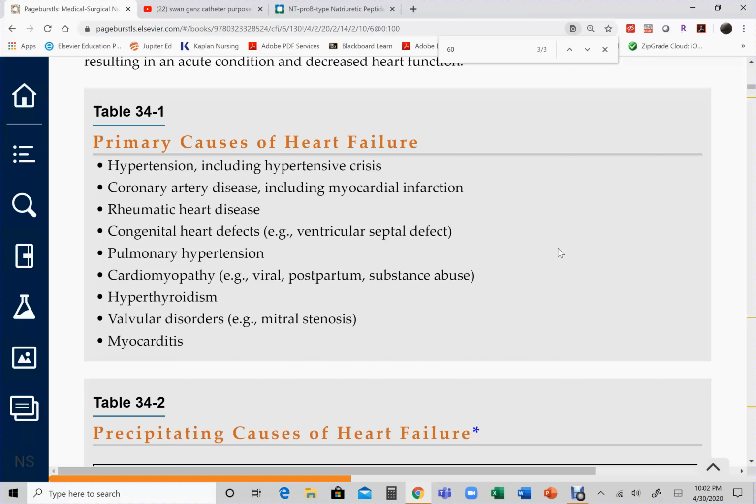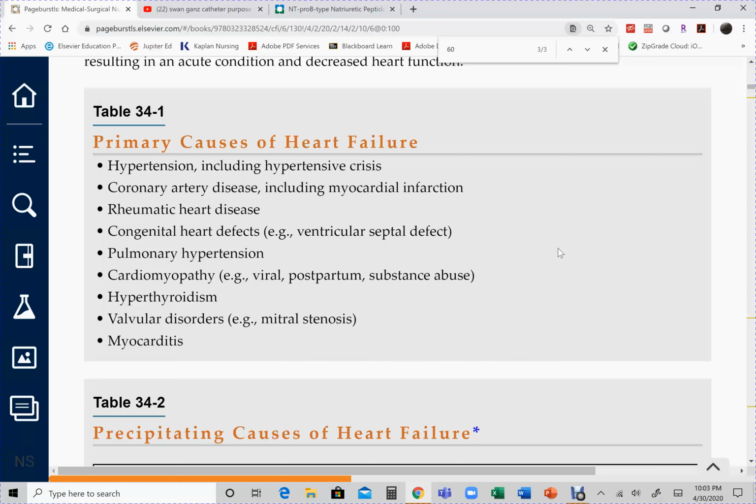Table 34-1, these are the primary causes of heart failure, or you can say these are the direct causes of heart failure. As I already mentioned, hypertension, chapter 32. We have CAD, chapter 33. Rheumatic heart disease, that's chapter 36, including congenital heart defects also, although congenital heart defects affect pediatrics, so it may not be mentioned in chapter 36.